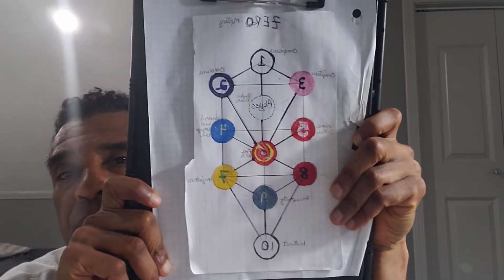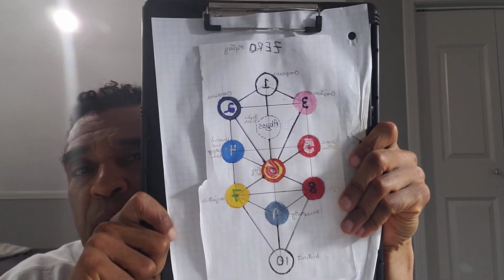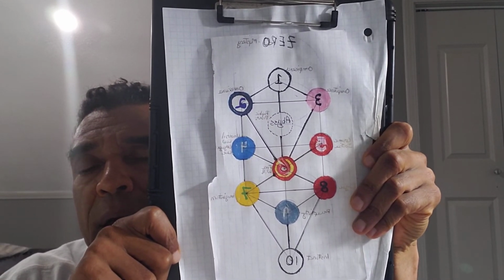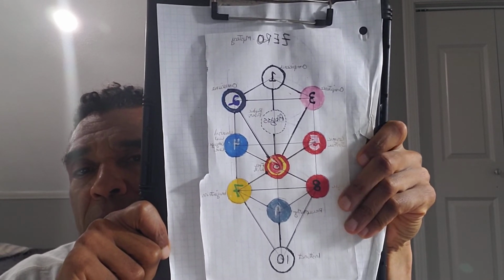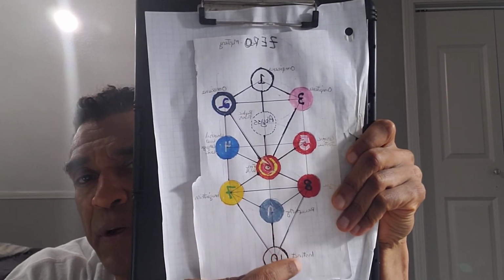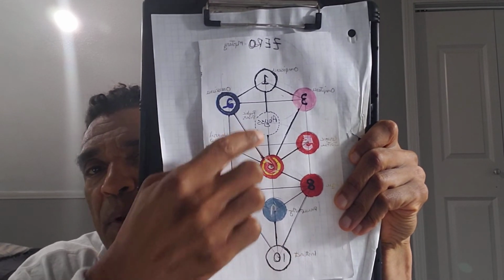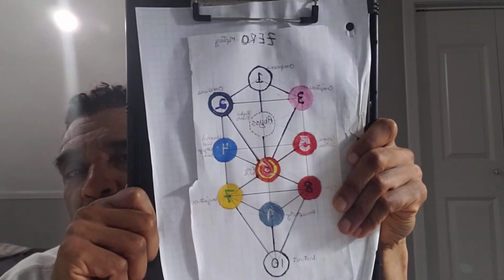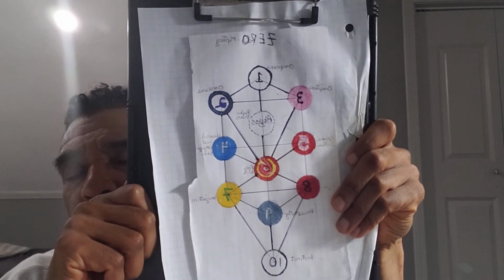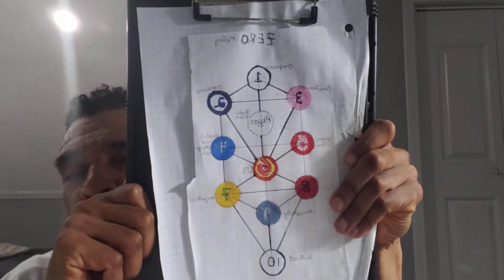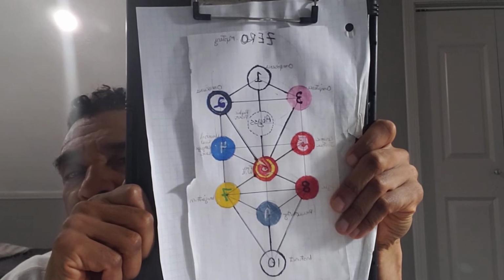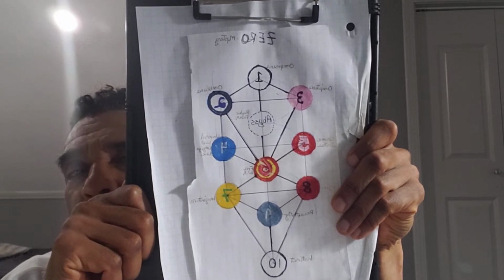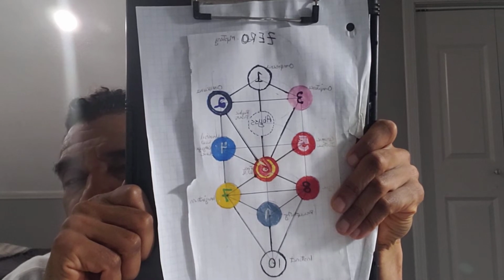Now, when we look at the Tree of Life, just recall very briefly that the tree is a map of our consciousness. And the tree has these spheres, 10 spheres plus 2 others, a total of 12 different categories. And these different spheres or categories are really our faculties of consciousness, or our abilities, our capabilities of consciousness.